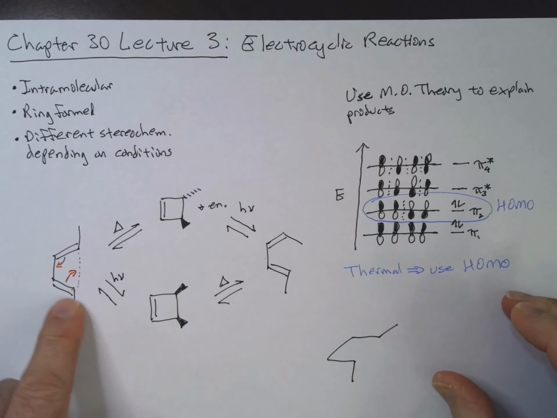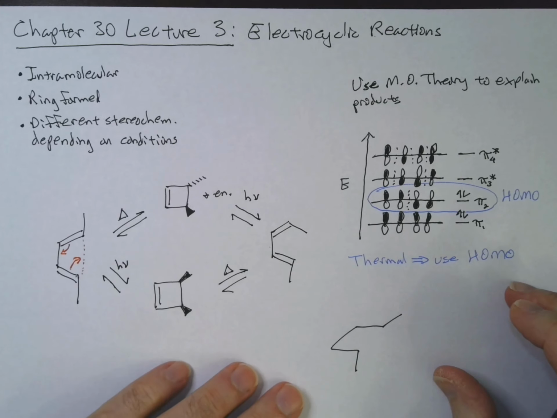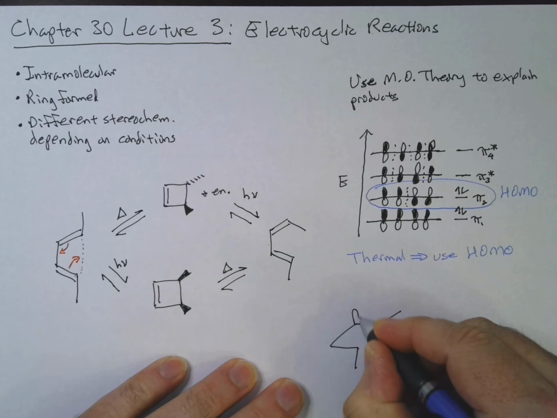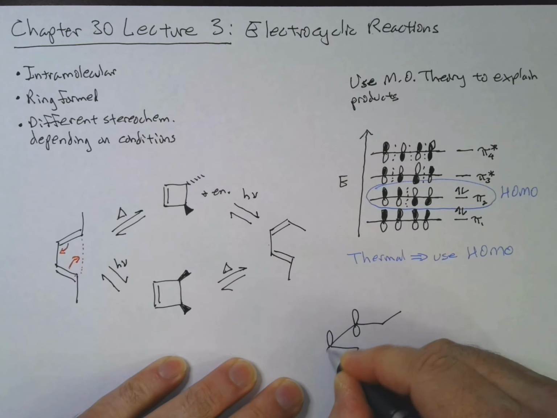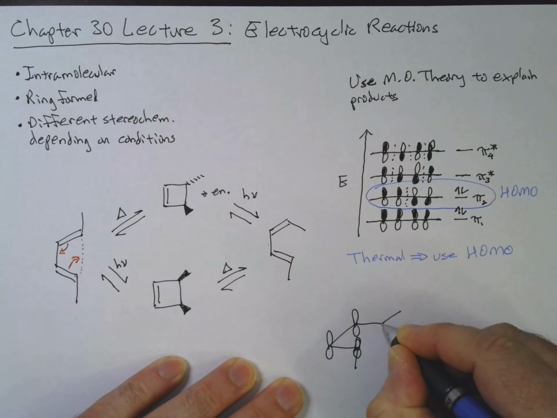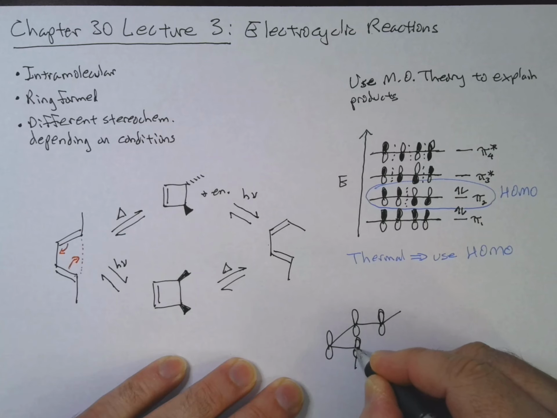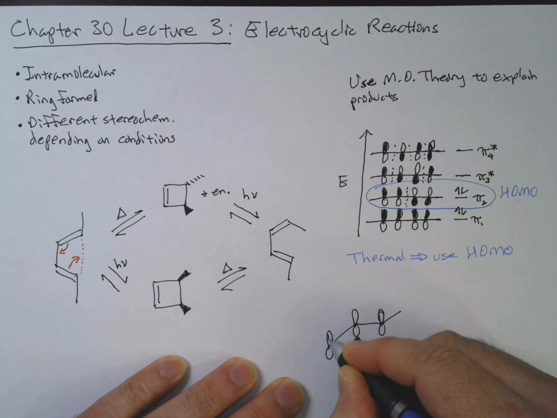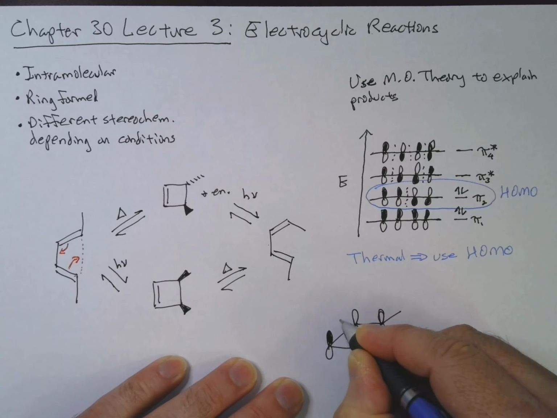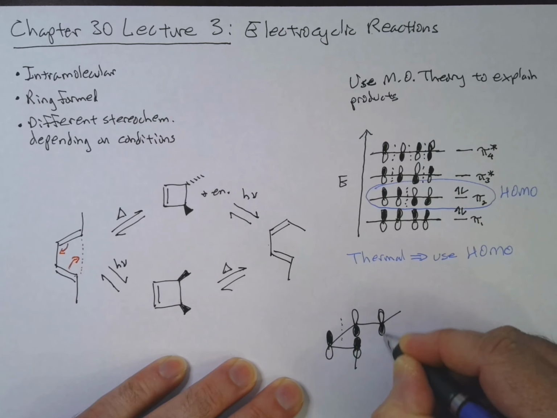Basically I'm just drawing this guy right here. Instead of looking at it top down, I'm going to look at it from one end. And now I'm going to put in my orbitals. I have my node here, so I've got one phase like that. My node is here, so it switches phase like so.